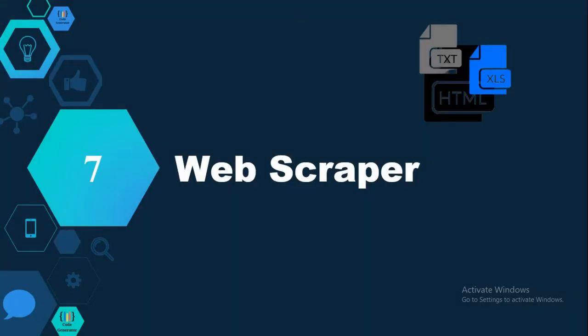The top 7th project is web scraping, or a web scraper. Web scraping is a technique used to extract data from a website using a script, that means JavaScript. It is a way to automate the laborious work of copying data from various websites.